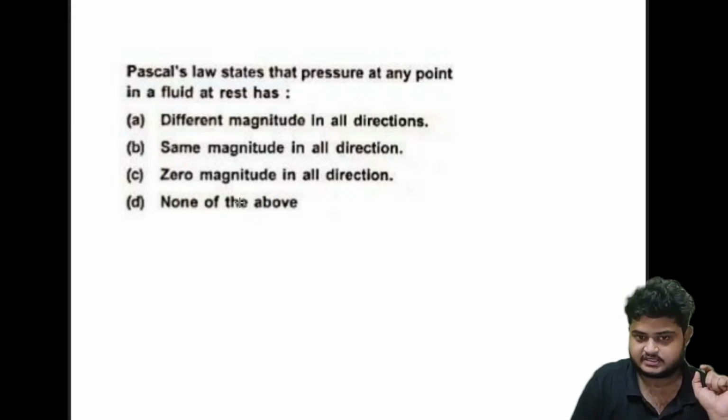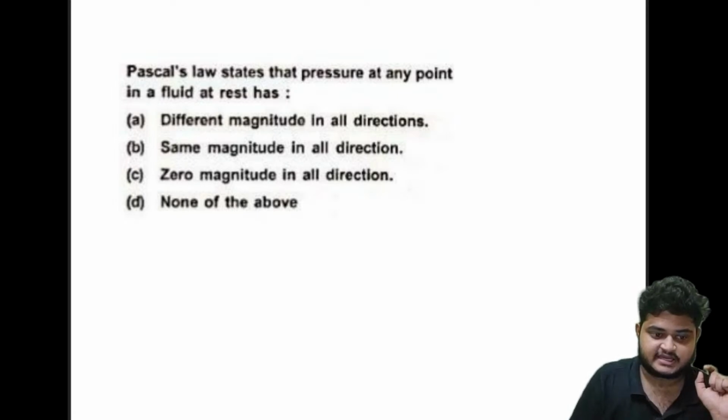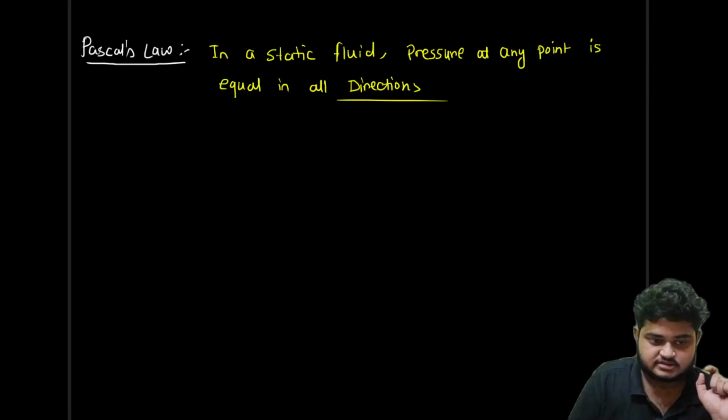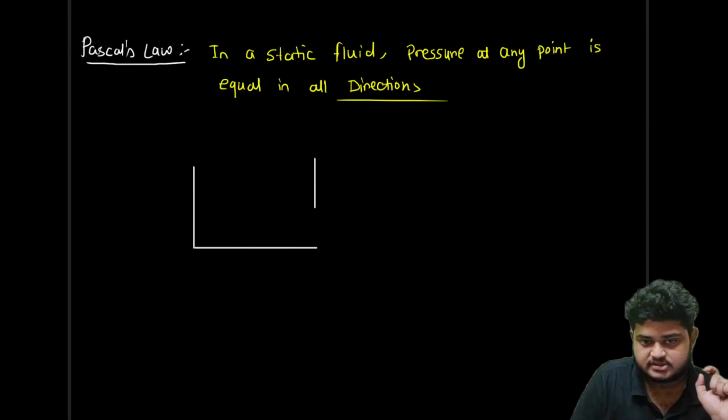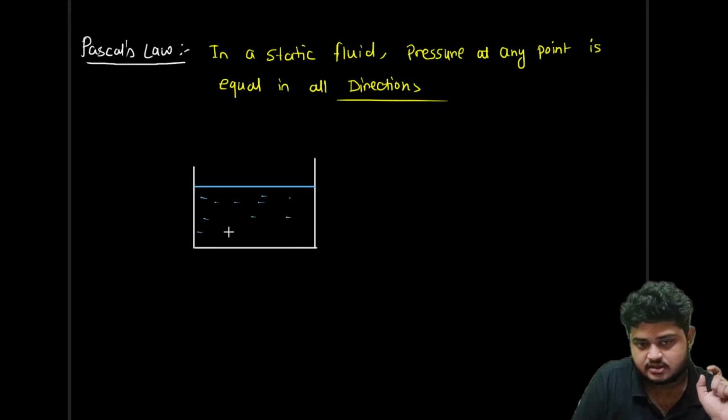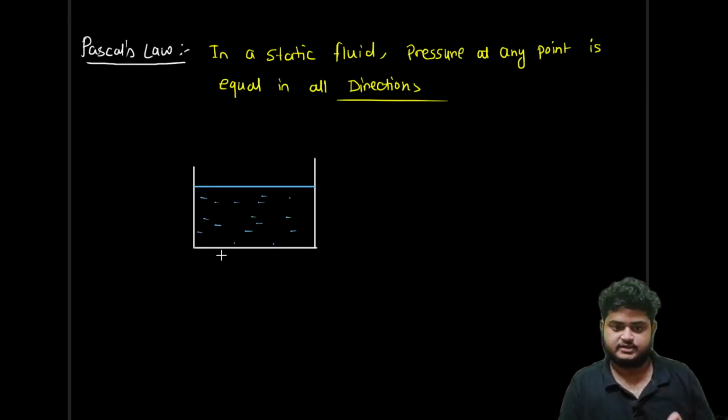So in this case, no, C is not the right answer. Zero magnitude in all directions is not the right answer. This answer is same magnitude in all directions. This should be very clear: if this is a container and it is containing some amount of fluid, let us assume that this is a container containing some fluid, right?